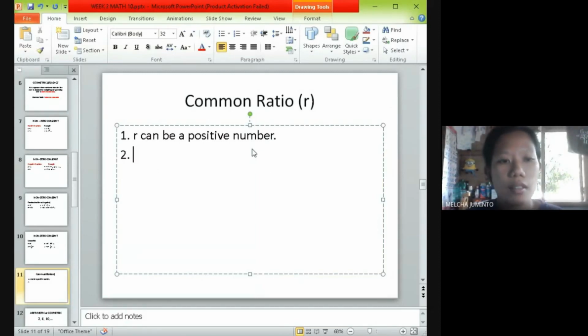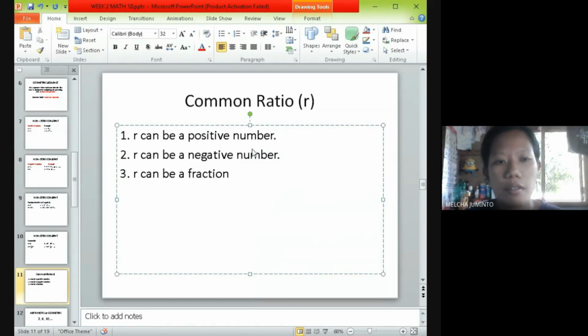The second case, r can be a negative number. The third case, r can be a fraction. In fraction, it can be a positive or negative fraction.